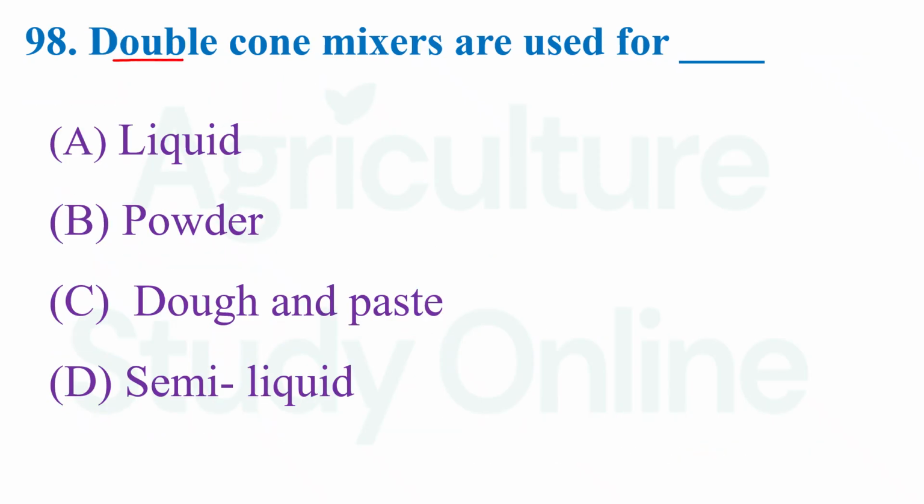Question 98. Double cone mixers are used for. So double cone mixers are generally used for mixing dry powders and granules. So it works by tumbling action.